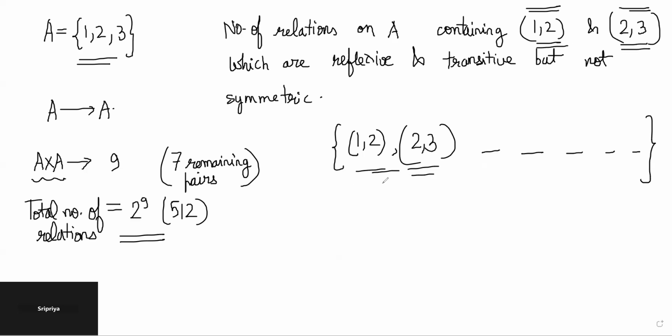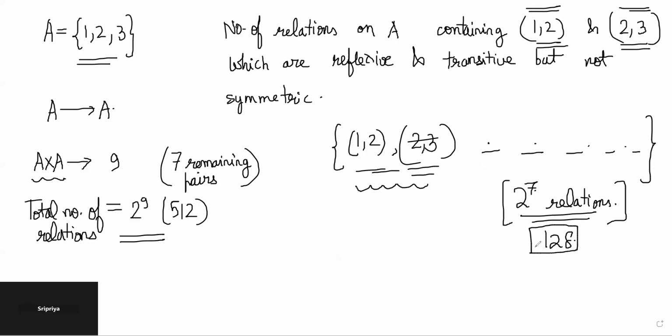How many relations are possible with just these two? 7 pairs are remaining, so 2 power 7 relations are possible, because the remaining pairs can be chosen or not chosen, right? So now we have 128 relations possible.